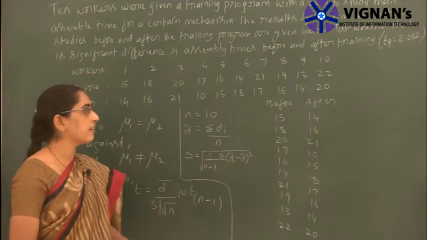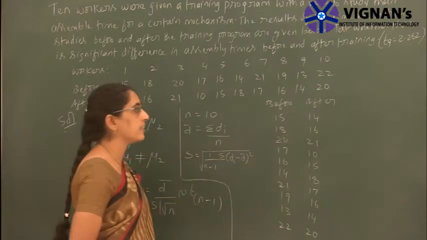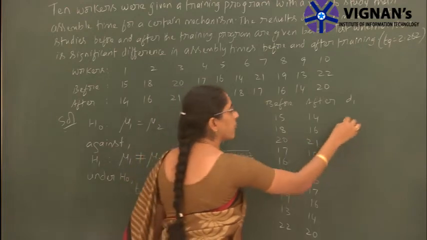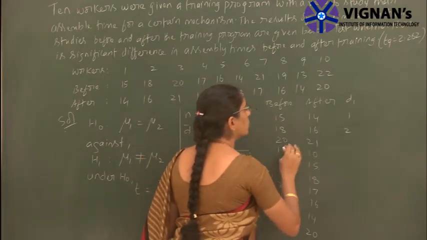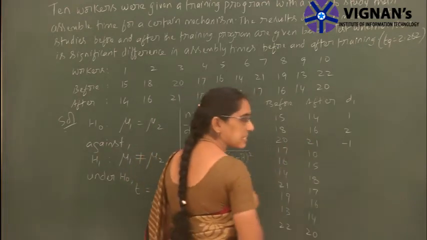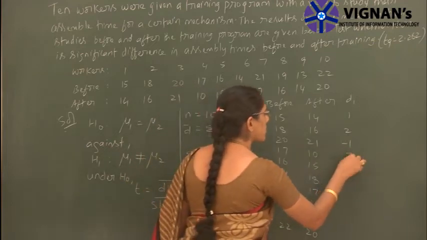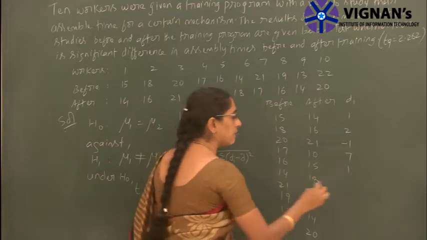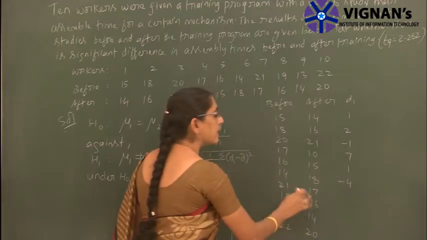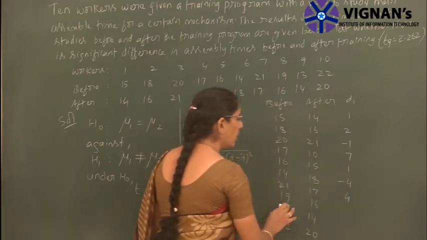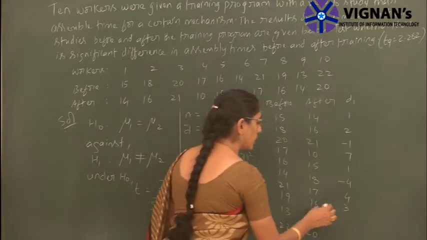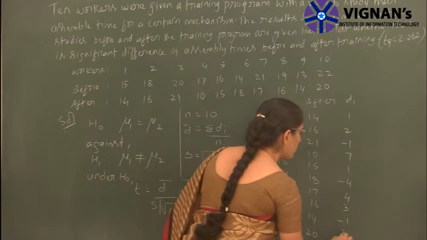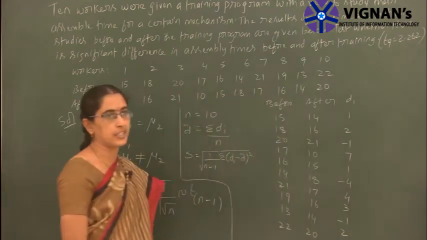Now we find the deviations di. 15 minus 14 is 1, 18 minus 16 is 2, 20 minus 21 is minus 1, 17 minus 10 is 7, 16 minus 15 is 1, 14 minus 18 is minus 4, 21 minus 17 is plus 4, 19 minus 16 is 3, 13 minus 14 is minus 1, and 22 minus 20 is plus 2.